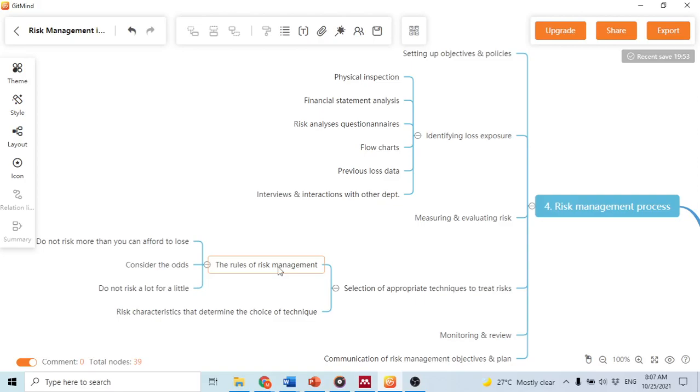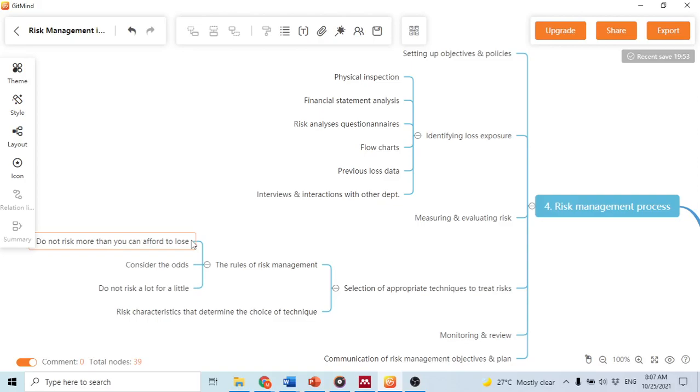The rules of risk management. It is recommended that the following set of rules be taken into consideration when deciding on the appropriate tool to employ. So the first one is, do not risk more than you can afford to lose. This is important because it tells us which risk something must be done about. We have to look at the maximum potential loss of the risk.